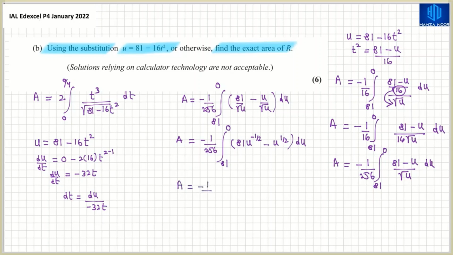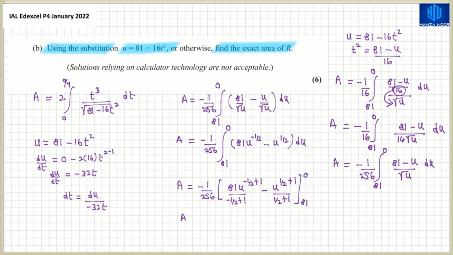So first of all, minus 1 over 256 as a constant term outside, and when we will integrate 81 times u raised to the power minus half with respect to u, we get 81 times u raised to the power minus half plus 1 upon minus half plus 1, and then minus sign. And when we integrate u raised to the power half with respect to u, we get u raised to the power half plus 1 upon half plus 1, and upper limit is 0, lower limit is 81.